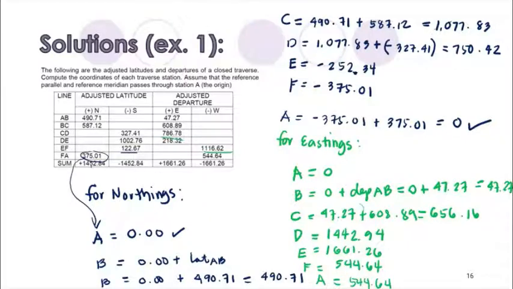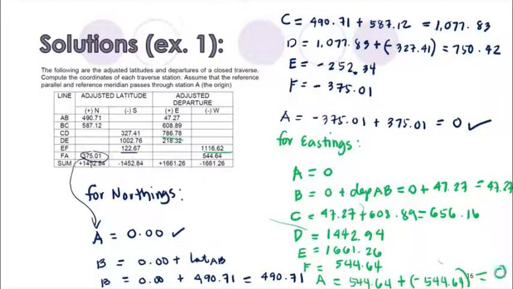So you have minus the departure FA, or that is plus a negative 544.64, okay, and then that is equal to 0.